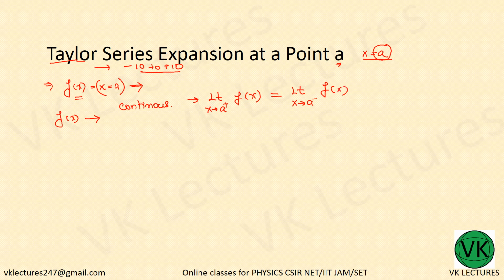At these two points it must be equal, then it is called continuous, and the derivative must exist. That means the limit as x tends to a minus of f dash of x should be equal to the limit as x tends to a plus of f dash of x. These two conditions must be followed.